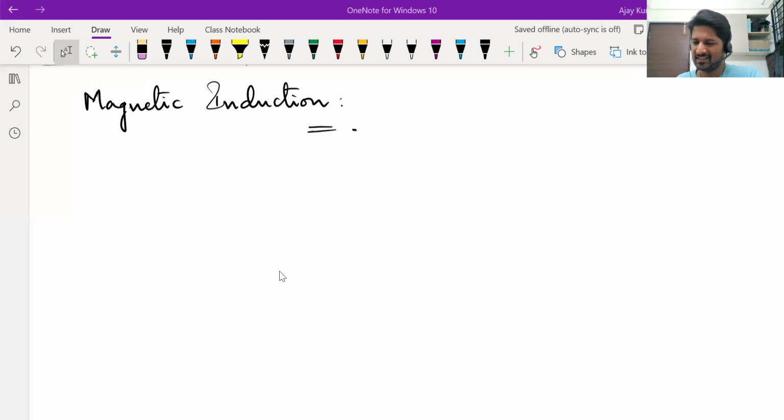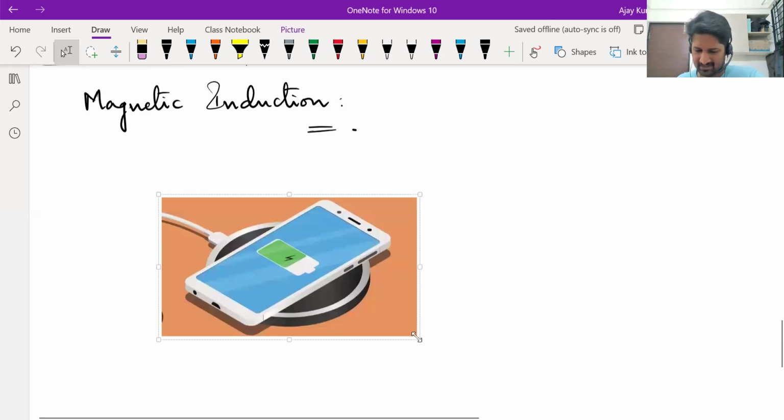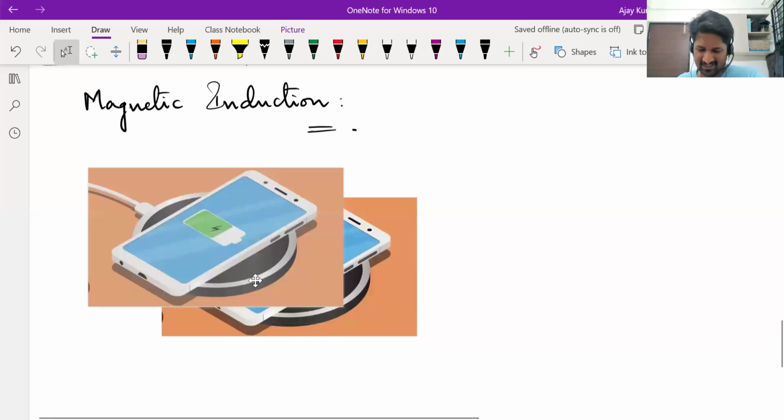How does wireless charging work? When the phone is placed on the MagSafe pad, something gets induced in the phone, the current.